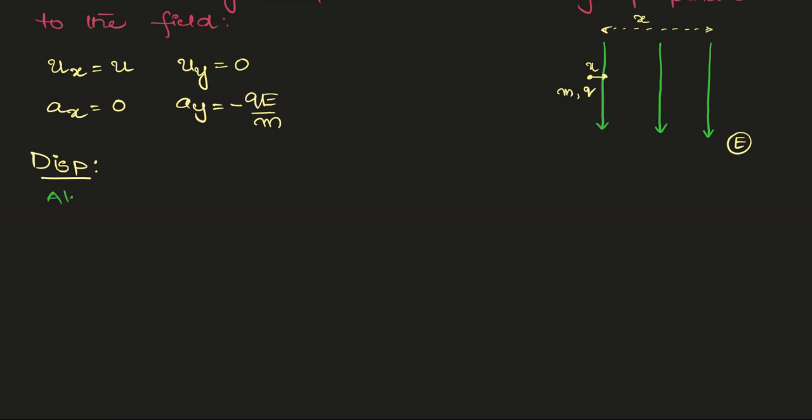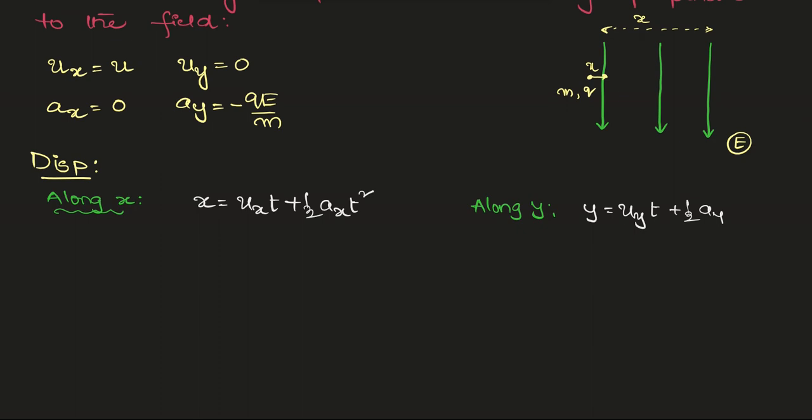Along the x-axis we can write like this, x is equal to ux into t plus half ax into t square, and along the y-axis, y is equal to uy into t plus half ay into t square.